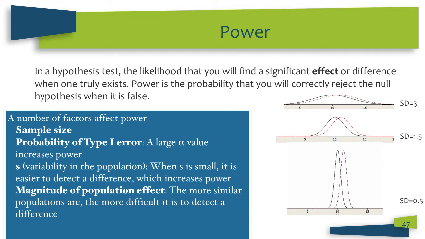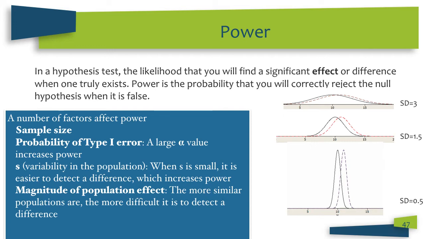If yes, you have good power. To what extent you will be able to detect it is your testing power. Looking at it another way, it is the probability that you will correctly reject the null hypothesis when it is false. A number of factors affect your power.